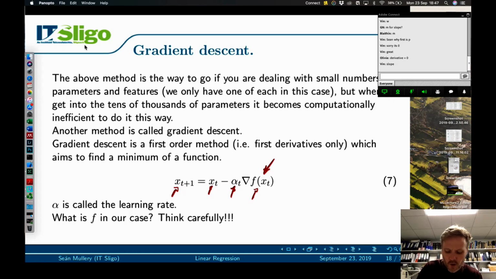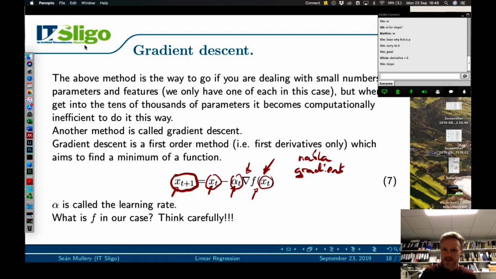This symbol here, nabla, what we use it for here is gradient, and by gradient, I basically mean the first derivative of the function. You can think of it as dy dx or whatever. So we want to find the gradient of the function at this particular place, multiply that by some learning rate, and subtract that from our current value to find our new value.